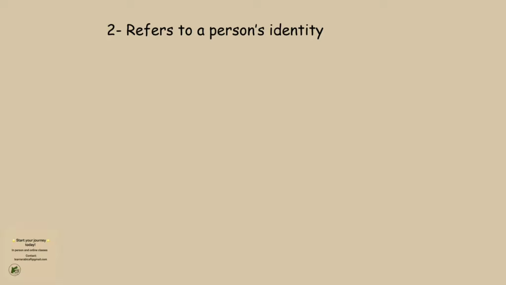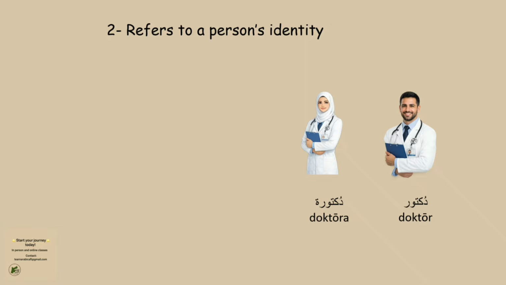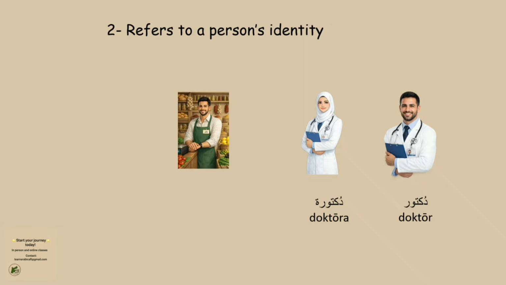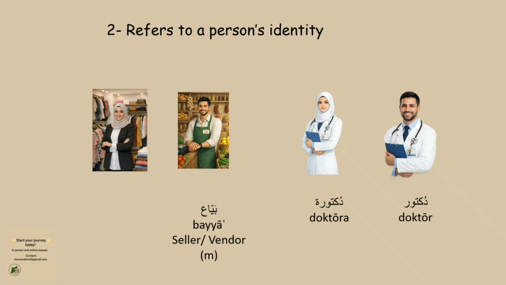Next, we have nouns that refer to a person's occupation or other identities like religion or nationalities. Examples: doctor is a male doctor, while doctora is a female doctor. بياع is a male vendor. بياعة is a female vendor.